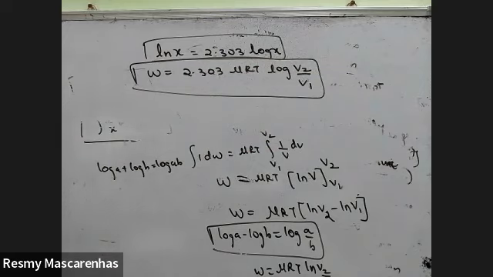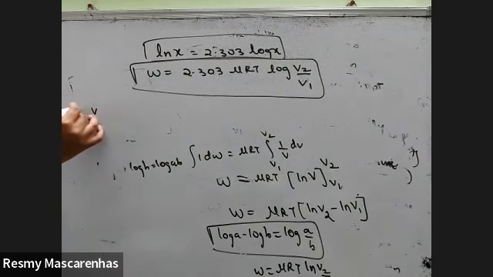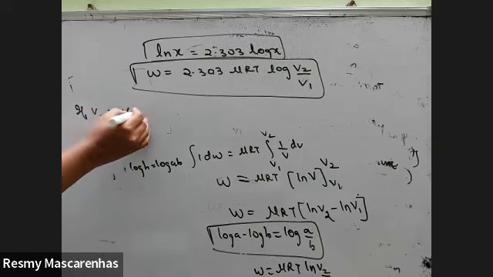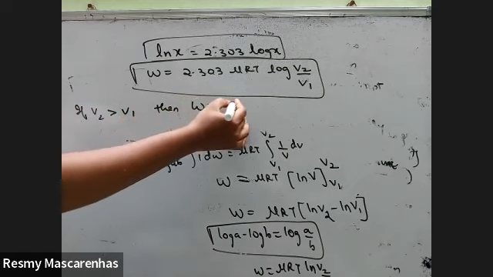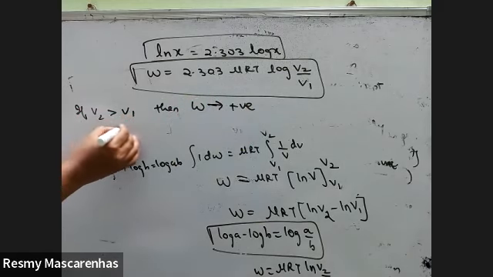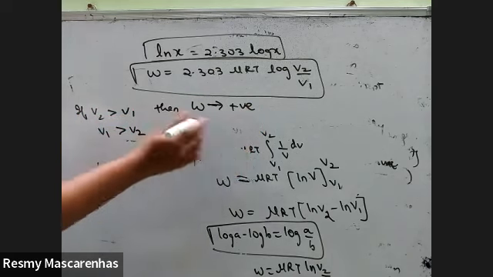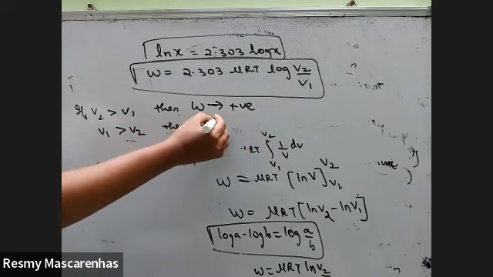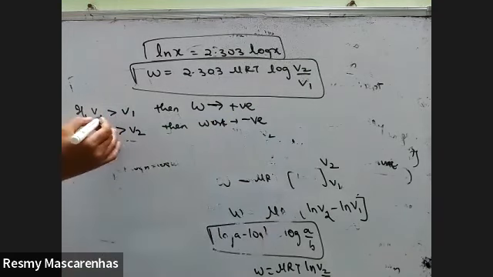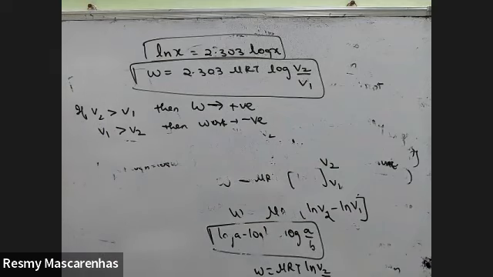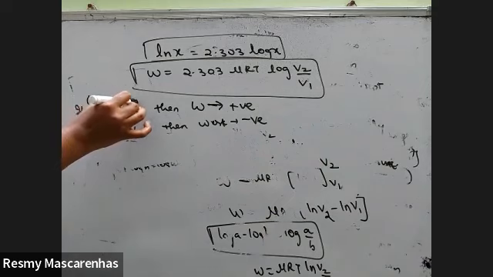So we have V2 upon V1. If V2 is greater than V1, then work is positive. If V1 is greater than V2, then work is negative. Final volume more than the initial means what has happened? This is called expansion. Volume has increased.